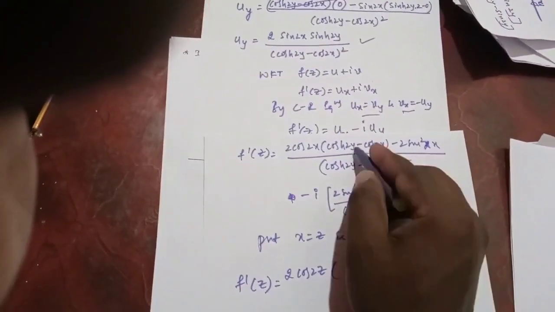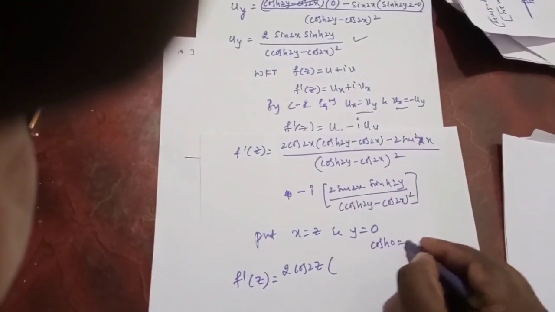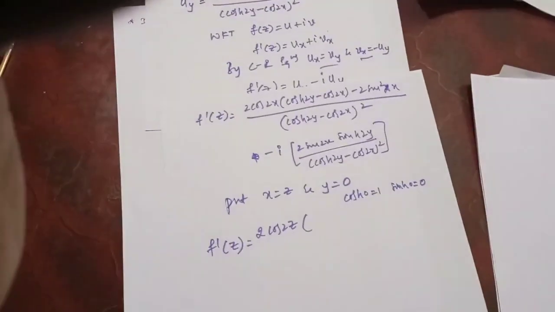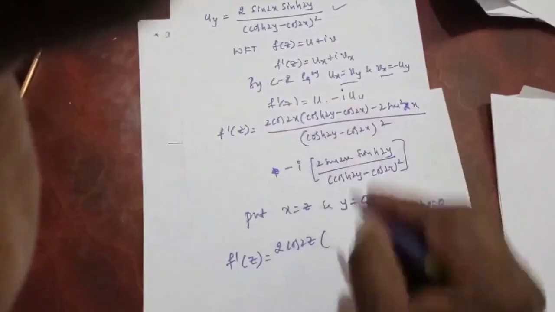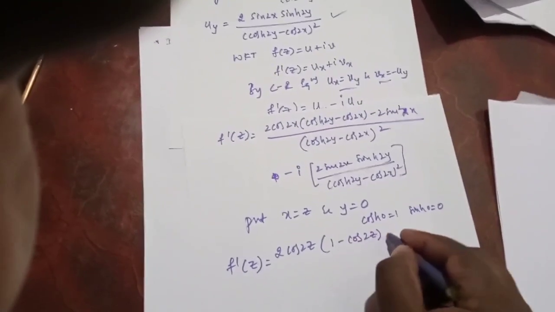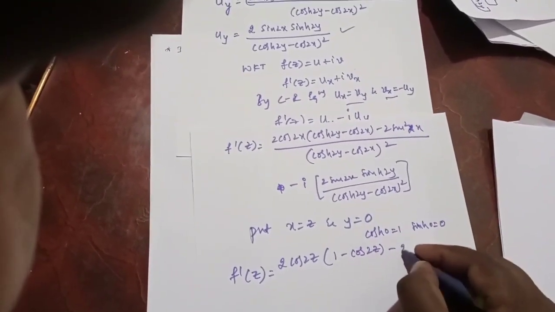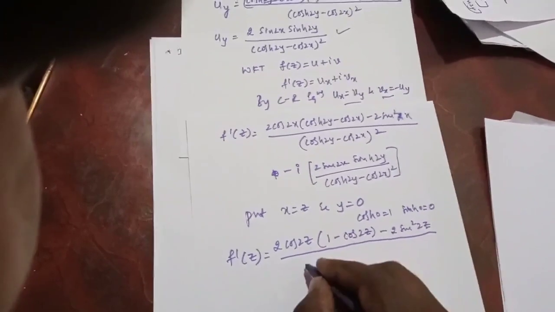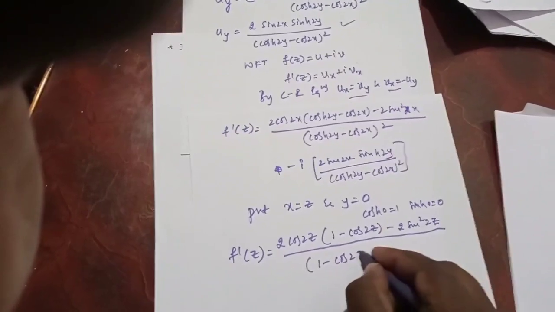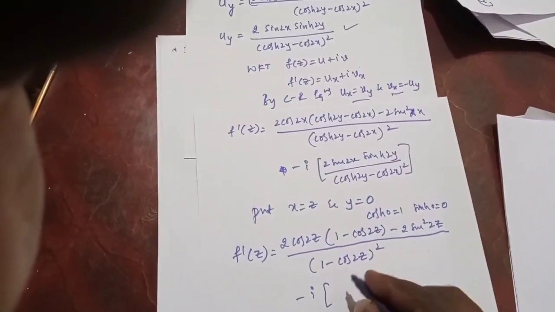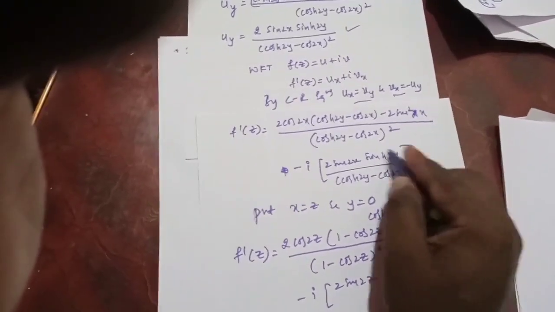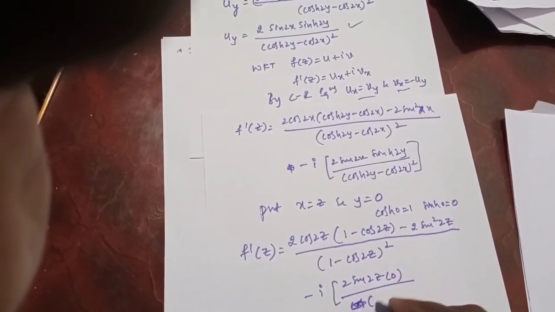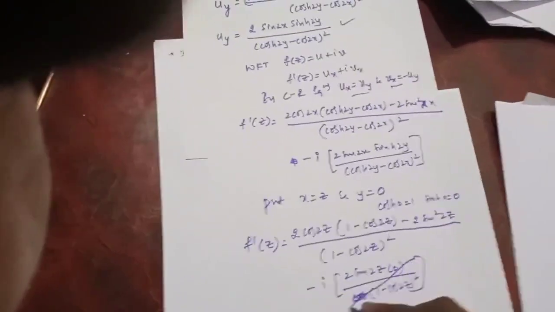If y equal to 0, cos hyperbolic 0 value is 1, sin hyperbolic 0 value is 0. So 2 cos 2z, cos hyperbolic 0 is 1, minus cos 2z, minus 2 sin square 2z, divided by cos hyperbolic 0 is 1 minus cos 2z whole square, minus i into 2 sin 2z, sin hyperbolic 0 value 0. This is 0, since 0 into anything is 0.